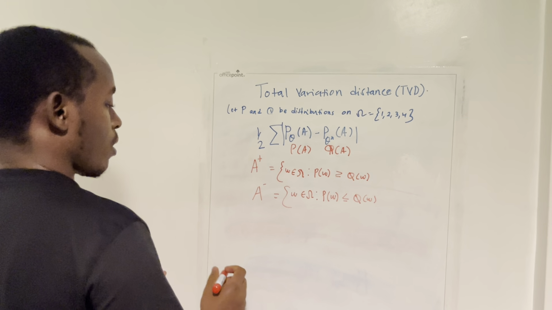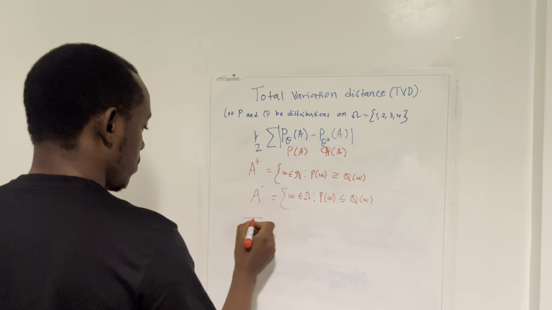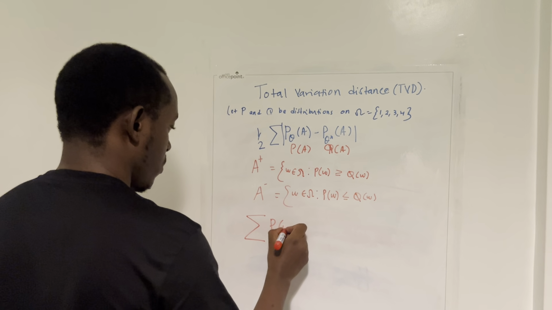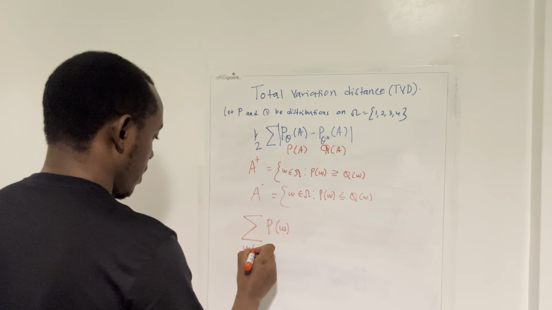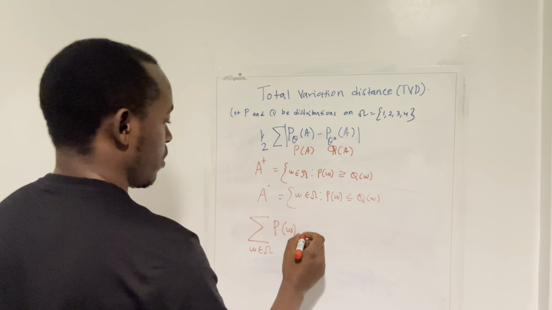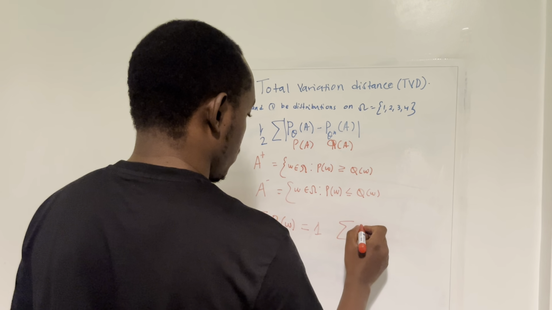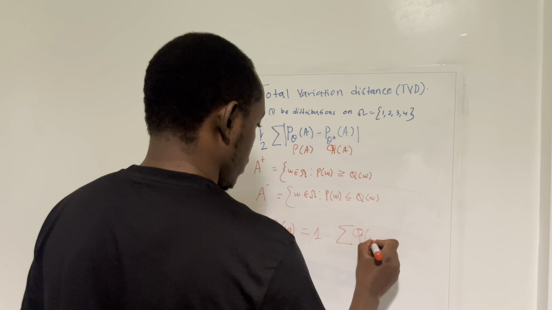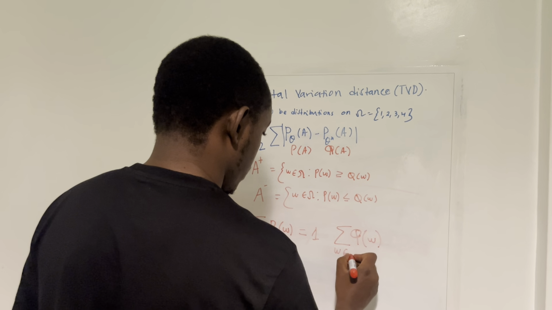So basically, what you already know for any probability distribution is that the summation of P of omega, with omega being an element of our sample space, is going to be equal to 1. Same thing for the distribution under Q, with omega an element of our sample space.